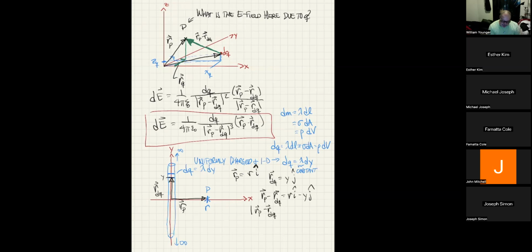Hopefully y'all can see that the magnitude is the square root of r squared plus y squared. If you can't, it might help you to see the actual vector, r_P minus r_dq, is that vector right there.